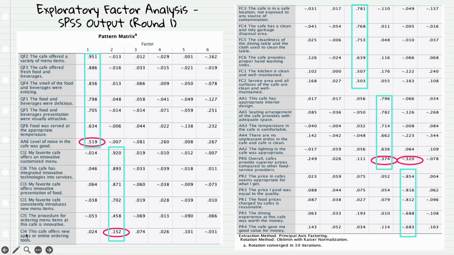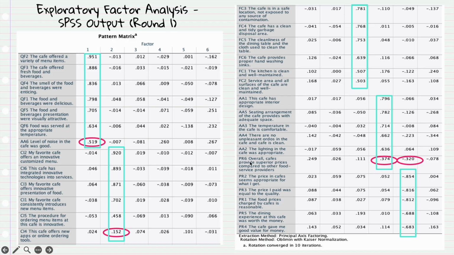For CI4, apps or online ordering tools, the loadings are extremely low. This tells us respondents do not associate online tools strongly with innovativeness.